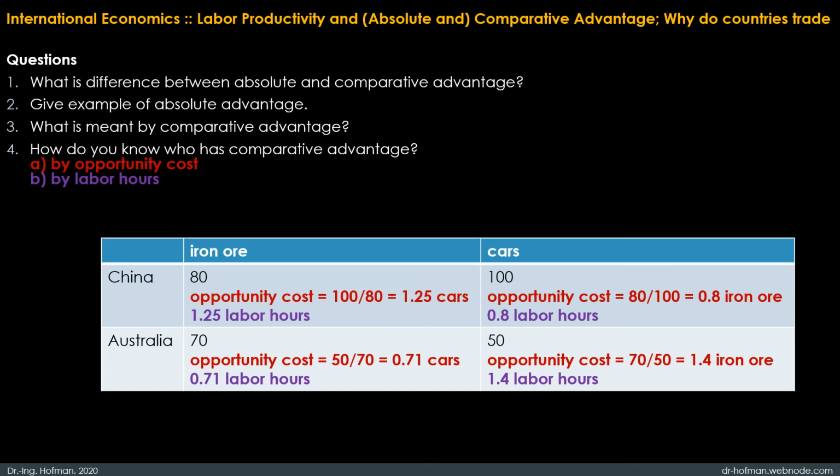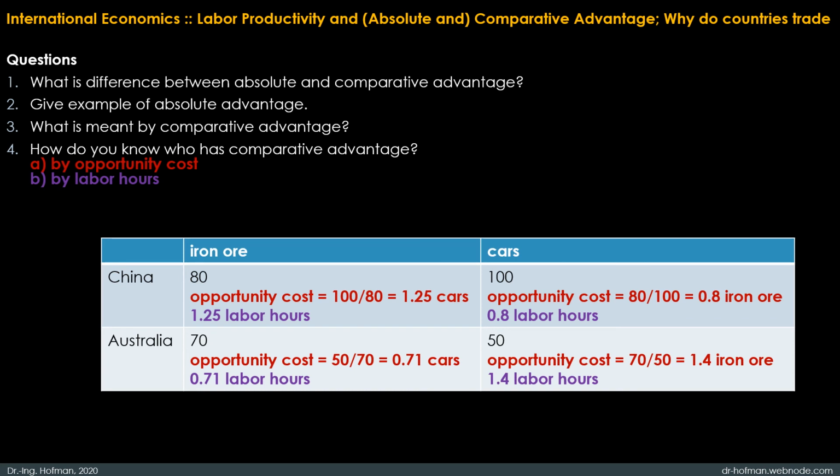In the table on our PowerPoint slide, China can produce 80 units of iron ore or 100 units of cars, while Australia can produce 70 units of iron ore or 50 units of cars. China is said to have an absolute advantage in both iron ore and cars, as it can produce more of both goods.